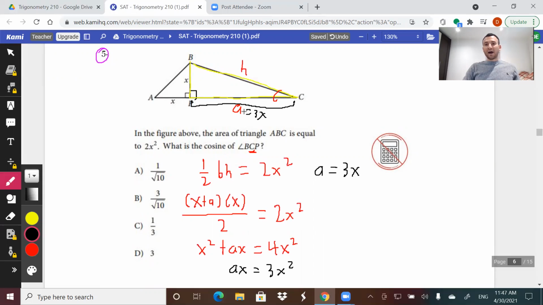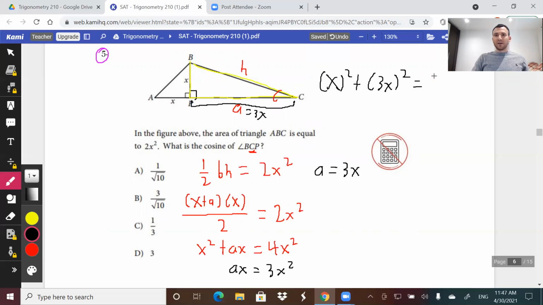So now we have 2 proportions on this right triangle here. So now if we want to, we can use the Pythagorean Theorem. So x squared plus (3x) squared, and make sure you put 3x in brackets, otherwise you're not going to get this, right? You're squaring the whole thing, equals h squared, the hypotenuse that we want to know. So what do we get here? We get x squared plus 9x squared equals h squared.